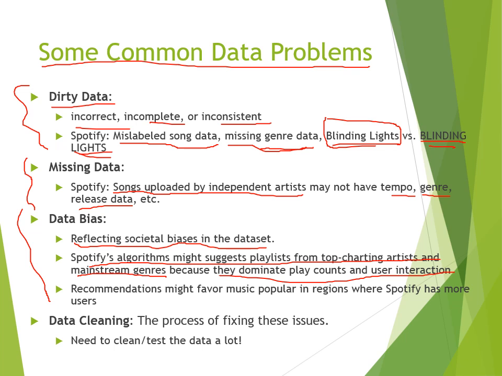Spotify might favor more played songs when generating playlists. Recommendations might also favor music in regions where Spotify has more users. That doesn't necessarily mean people are listening to this stuff more, just that some areas have more users than others. That could bias the data because the counts of the songs would be higher just because of the number of users rather than the fact that people are listening to it.